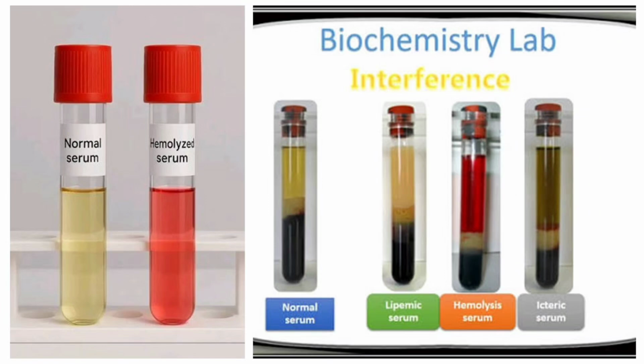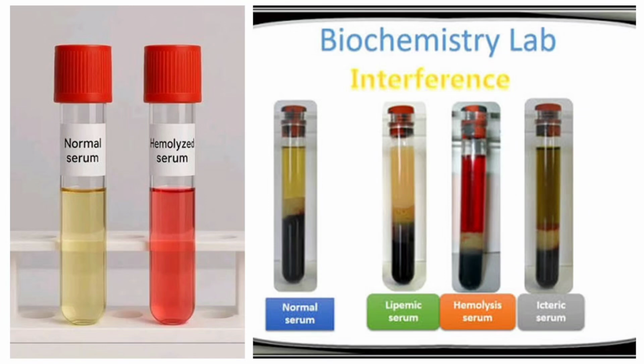Therefore, when you get a sample that is hemolyzed, highly icteric, or lipemic, you have to consider that first before you make your decision. So in saying that, yes, lipemia, icterus, and hemolysis will certainly affect the sensitivity, the comfort zone of the analyzer, or the calibration curve or standard curve.